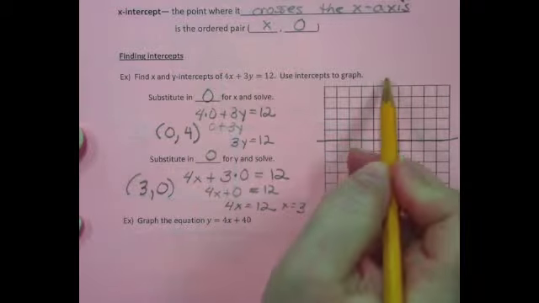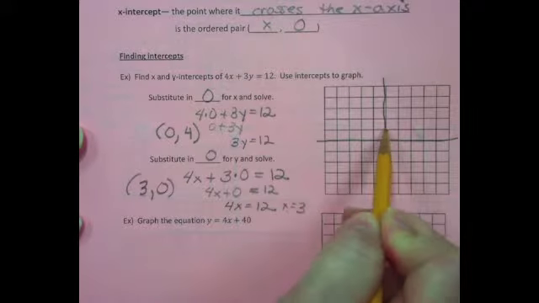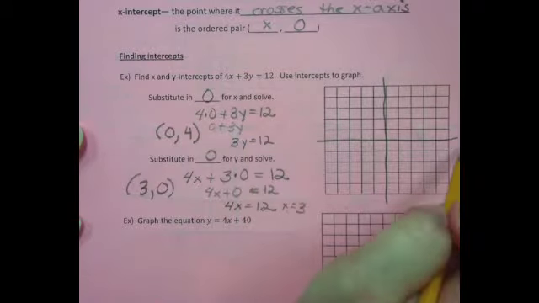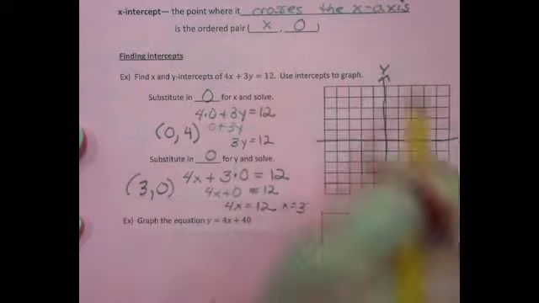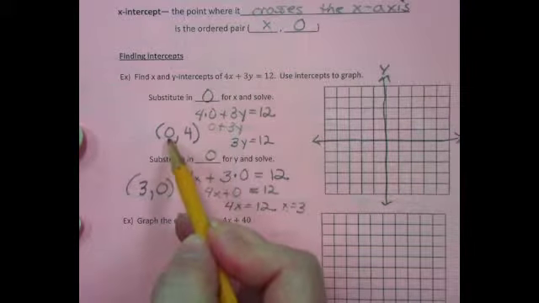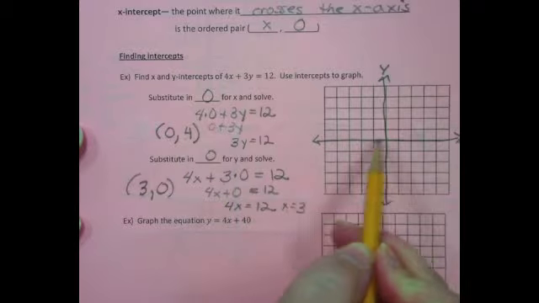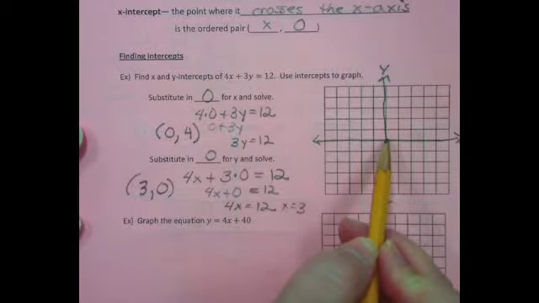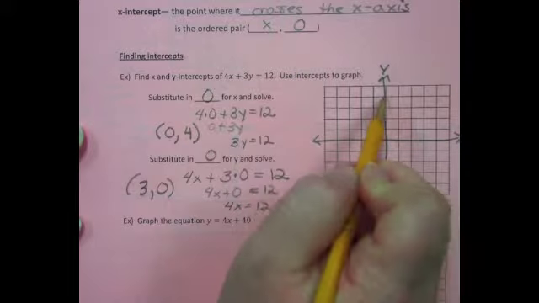Add the axes to your graph. Remember, this is my x, this is my y. And graph our points. 0, 4 means I go no left and right. I go up 4. 1, 2, 3, 4.